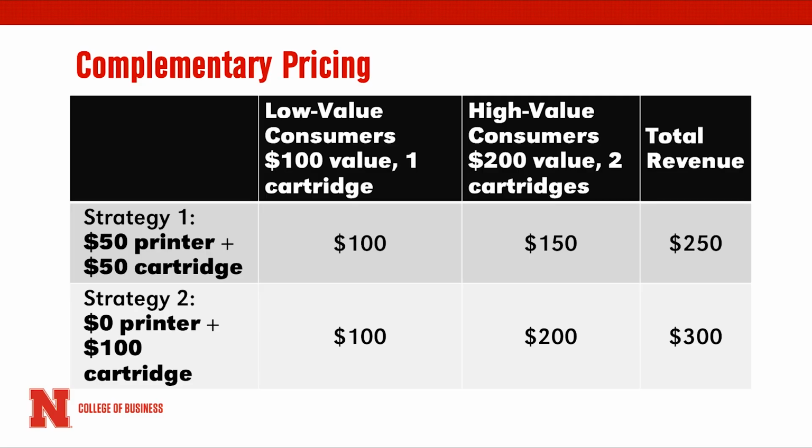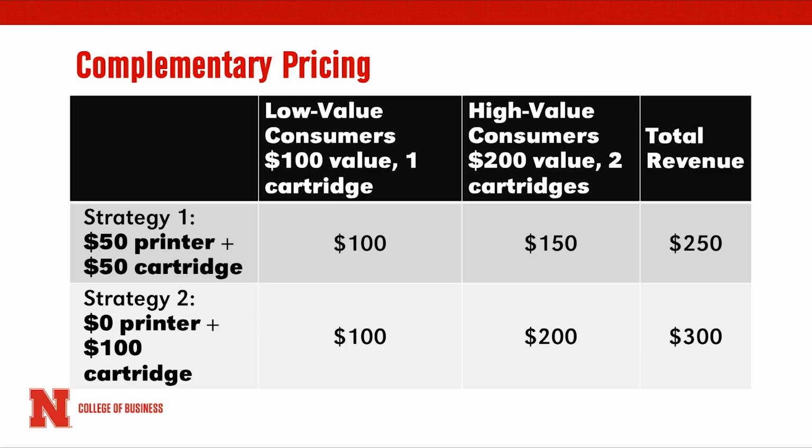From the perspective of the printer company, the printer manufacturer, strategy 2 is the dominant strategy. Strategy 2, in fact, is the only strategy that captures all of the surplus from both the low and the high value customer. And what we see then is that strategy 2 corresponds to the metering strategy, or metering scheme, described just a moment ago, where one product is sold at a very low margin.